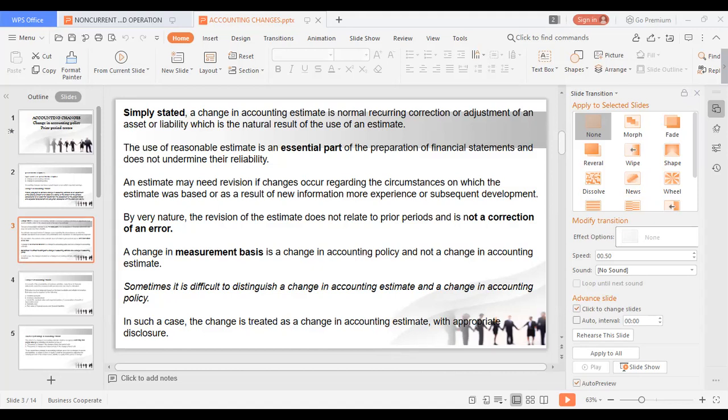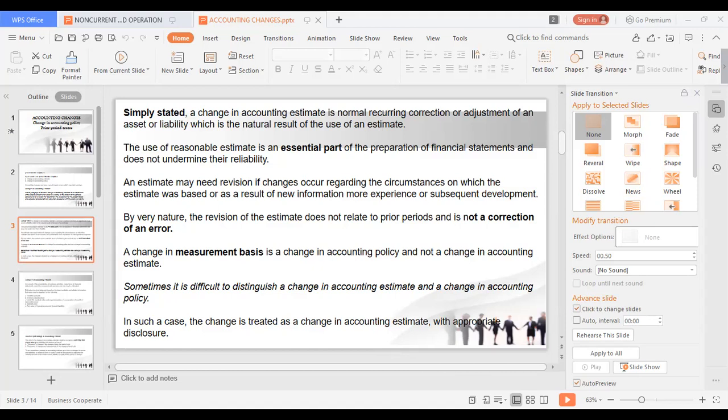So there is an increase in inventory of 500,000, which should be added.